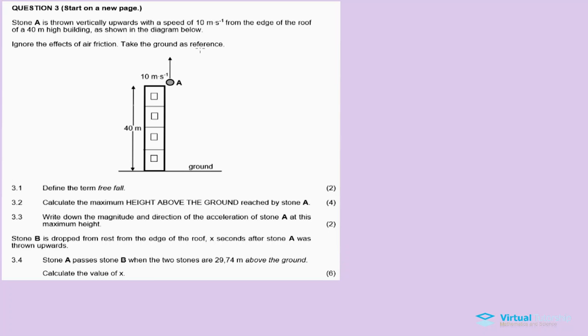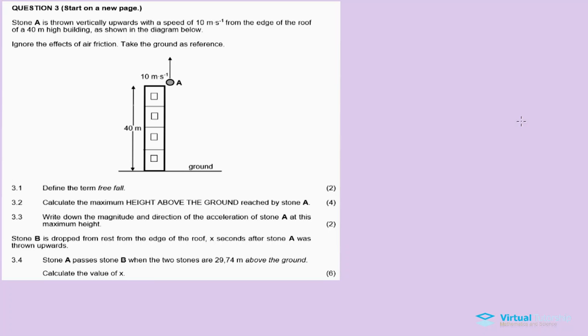Take the ground as reference. Very important: you need to have a reference whenever doing calculations in vertical projectile motion. 3.1, define the term free fall. This is not Newton's law but vertical projectile motion.